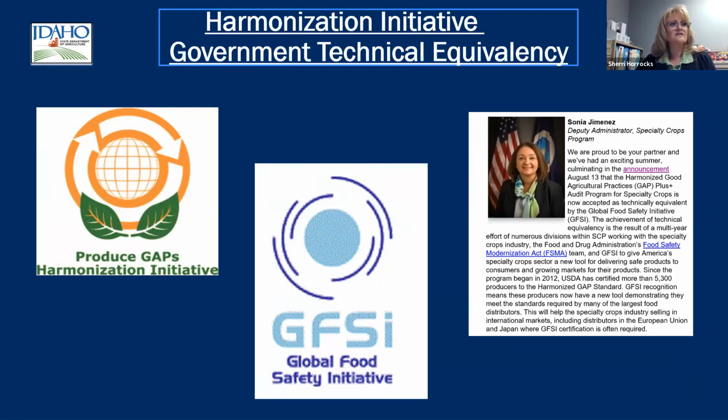It had to have checklists for both packing house and for farmers, and it had to be based on FDA and industry guidance. And then in August of 2018, the USDA Harmonized GAP Plus audit was recognized by the Global Food Safety Initiative and FDA for FSMA. USDA is the first to achieve recognition under GFSI's new technical equivalents for government entities. Next slide.